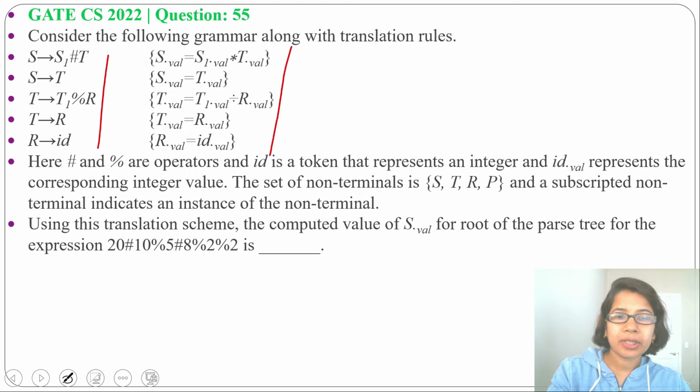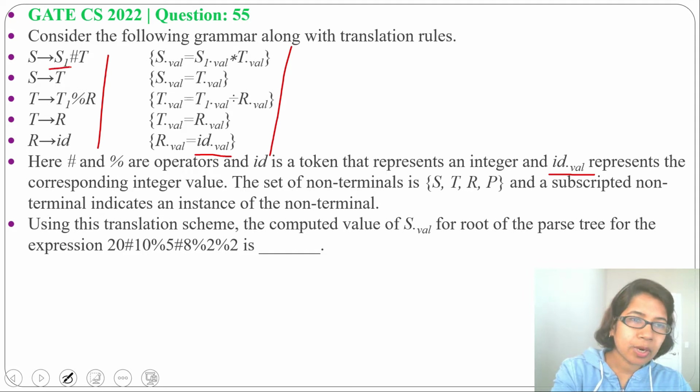Here hash and percentage are operators and id is a token that represents an integer, and id dot value represents the corresponding integer value. The set of non-terminals is S, T, R, and subscripted non-terminals indicate an instance of the non-terminal, like S1, T1.